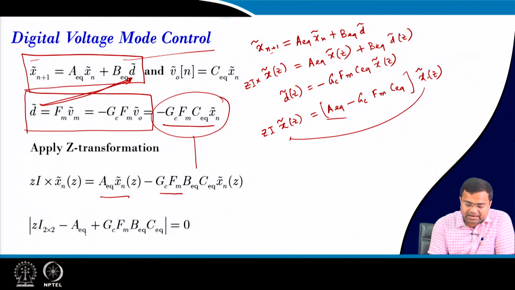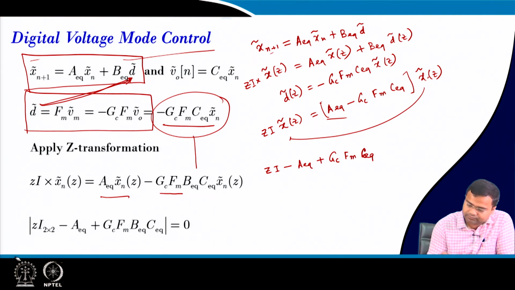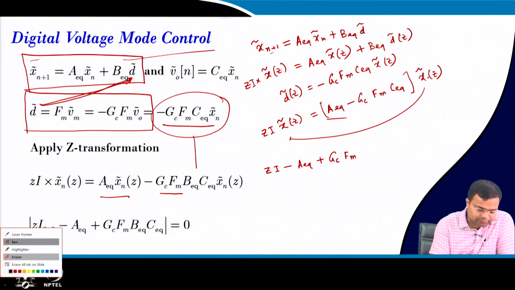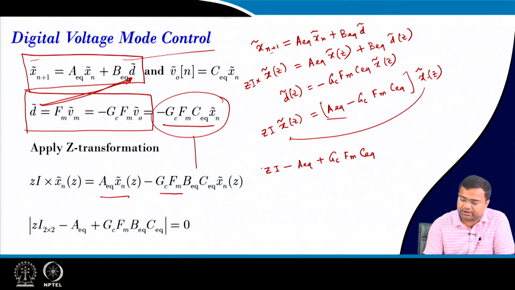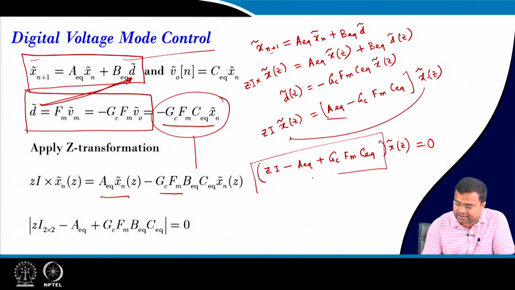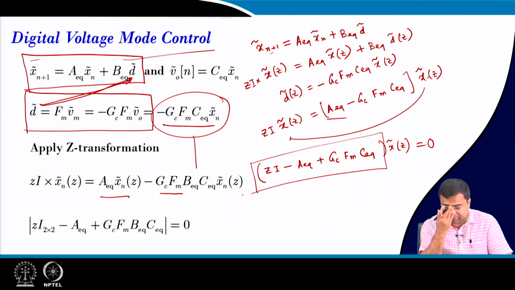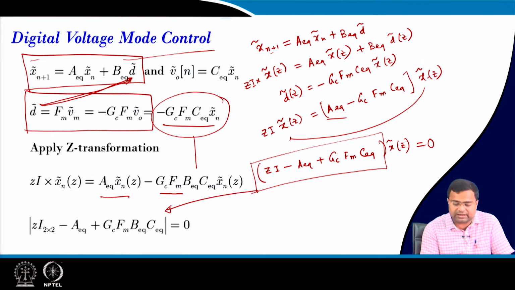That means, the final expression will be zI minus A equivalent plus Gc Fm C equivalent, this whole thing, into xz equal to 0. And if you take the determinant of this, the determinant equal to 0 is the characteristic equation.